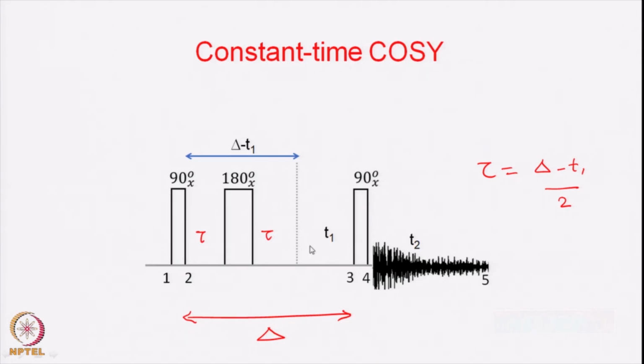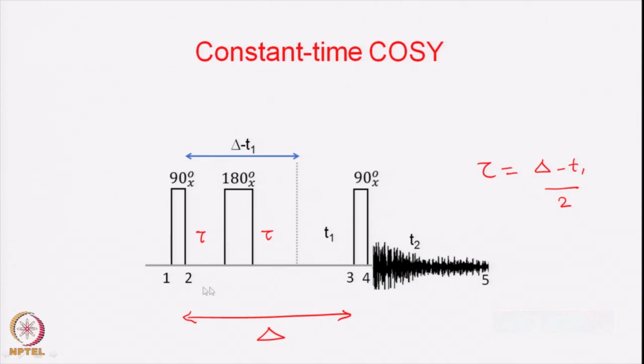This is the spin echo period here. The spin echo actually refocuses the chemical shifts. Therefore, the chemical shift evolution happens only for this period T1. Whereas the coupling evolution, we are considering the homonuclear system, happens all the way from here to here, because that is not dependent on the spin echo, and for a homonuclear system the 180 pulse is applied to both the spins or all the spins, and therefore the coupling evolution continues to happen here, and it will happen during the T1 period as well.